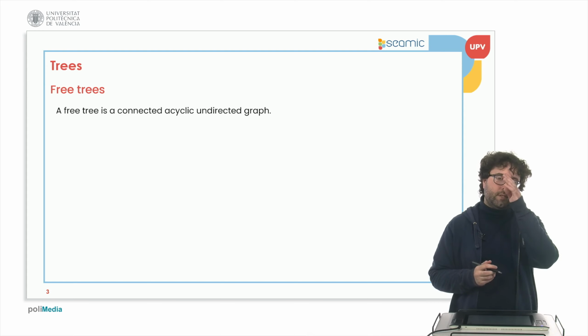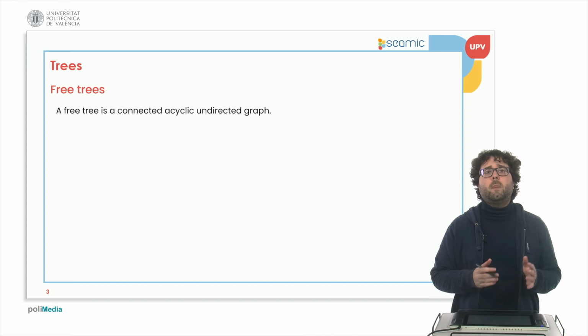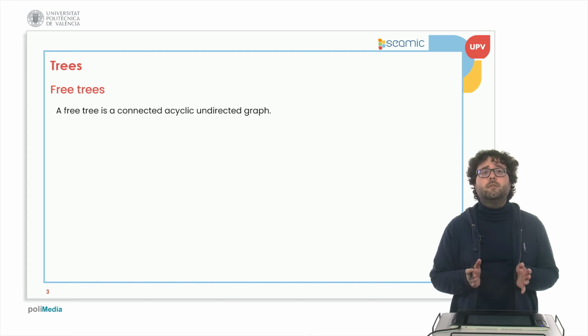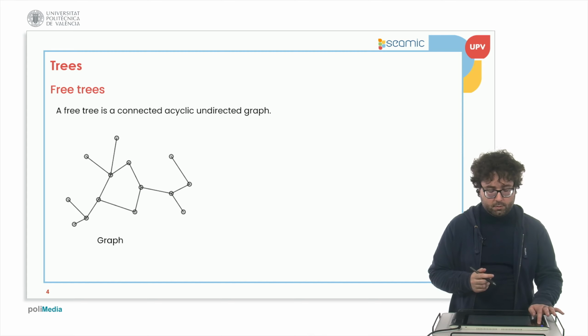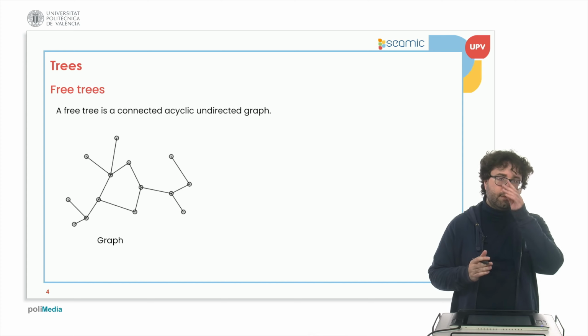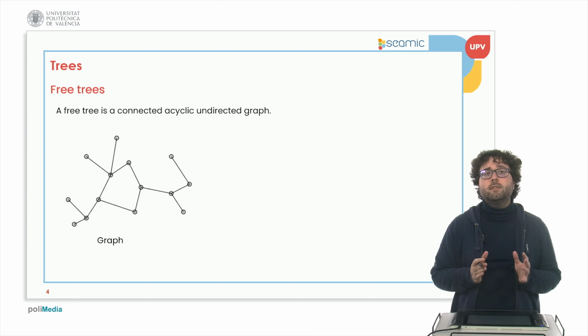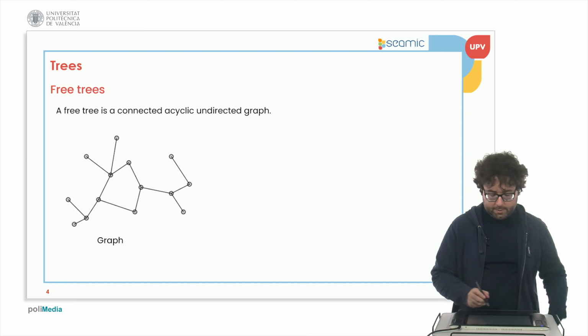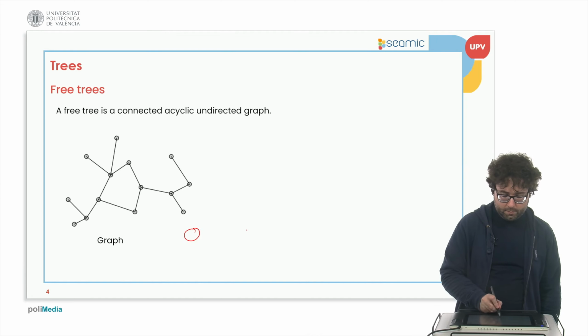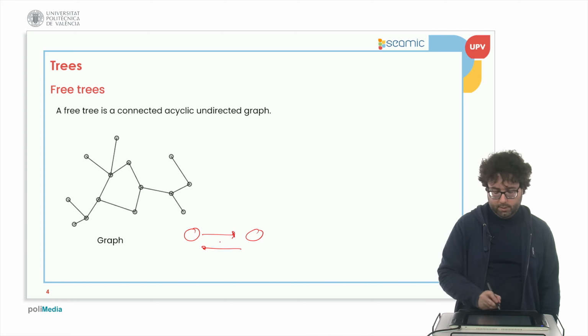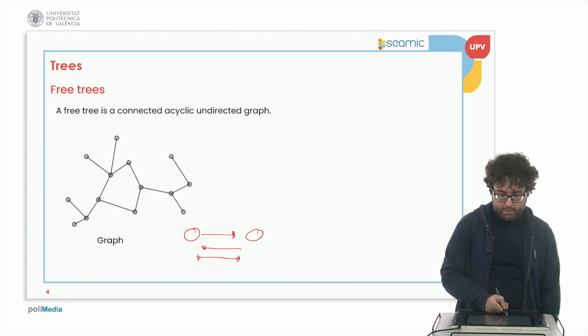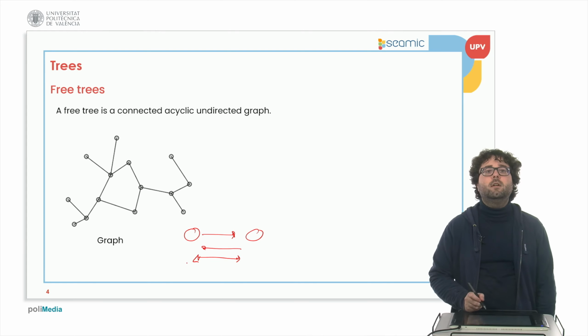So now we are going to see two different kinds of trees. The first one are free trees, which are a special type of graph which are connected, acyclic and undirected. So just to remember a little bit, the distinction with graphs is that they, for instance, can have direction, paths can be one way, another way, or bidirectional, like in this example.